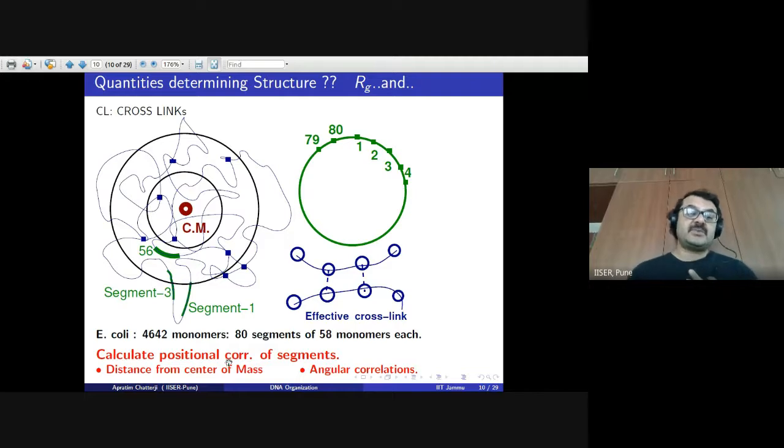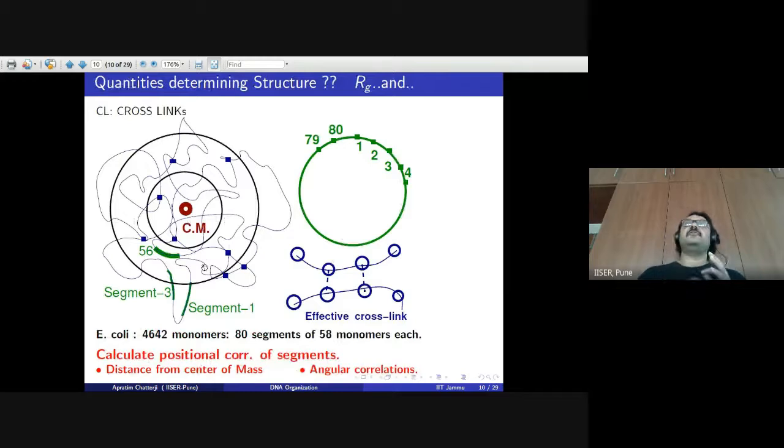So this is a quantity something like a pair correlation function, but now looking at the distance between each pair of segments. The other thing that we look at is also angular correlation. That's data which I'm not presenting because it will take some time to explain. And a simpler thing to look at is whether certain segments are always found towards the inner region of the DNA polymer coil, whether certain segments are always found on the periphery, on the outer side of the DNA polymer coil, and so on and so forth.